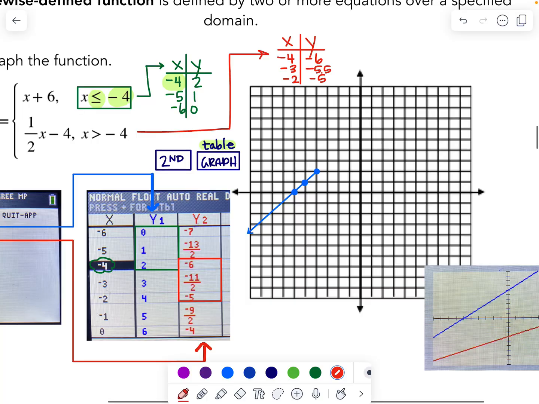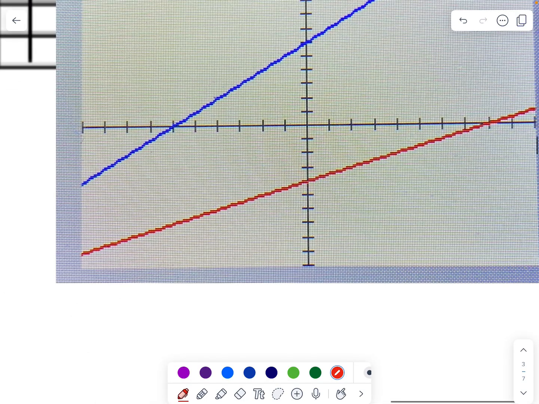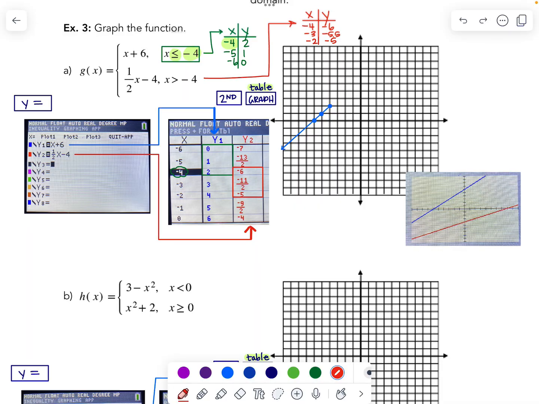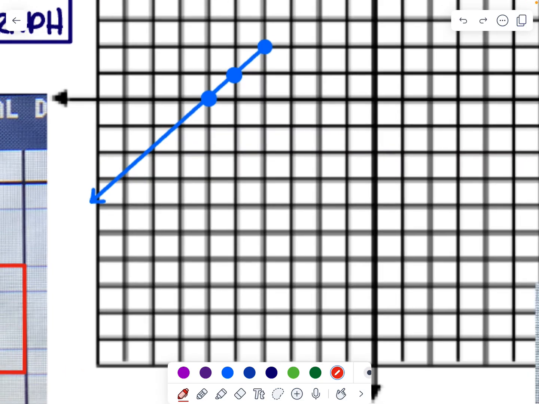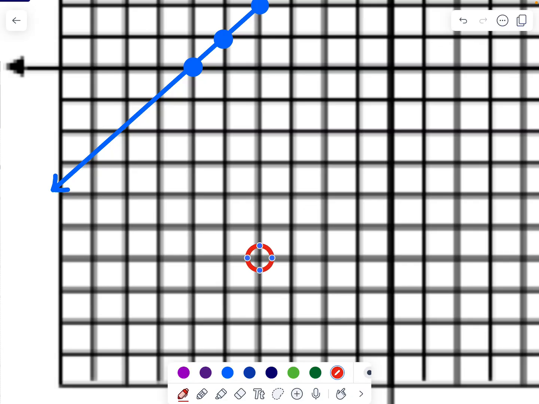And again, you can plot more than that if you would like. But again, this is the graph we have. And we're going from here and keeping this part of the graph. So we're keeping the red line down here for the values at negative 4 and larger in our domain. So I'm going to go negative 4, negative 6, and I'm going to put an open dot.